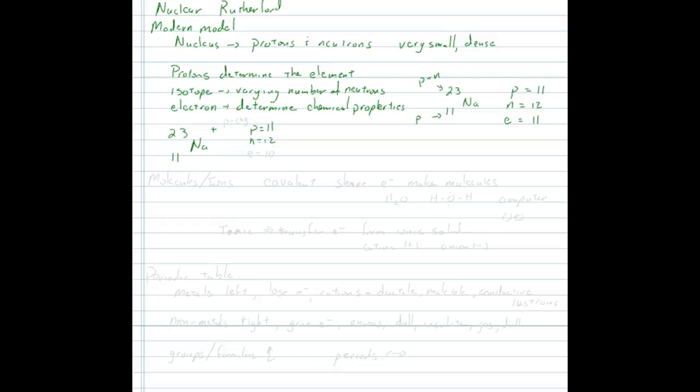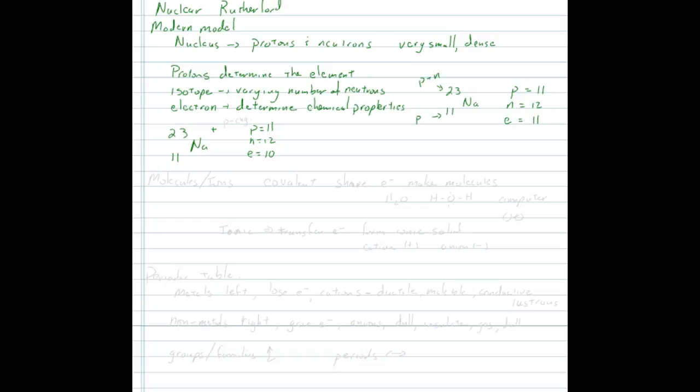You still subtract those. But now, how many electrons do you have? Well, you have an extra proton, so it would be 10, because 11 positives minus 10 negatives makes a +1.